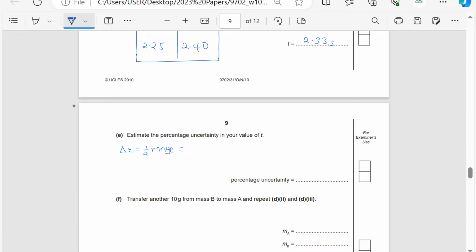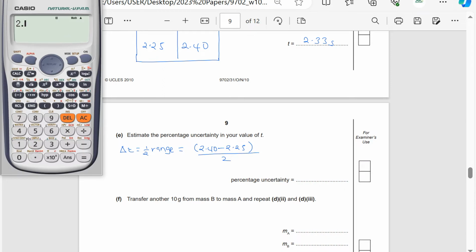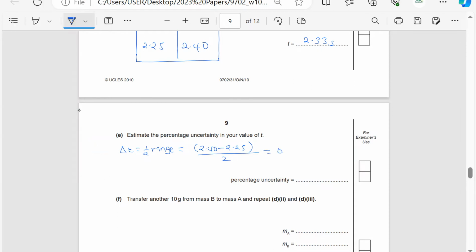So she got 2.40 minus 2.25, divided by 2. So this is the absolute uncertainty. She got 0.075. That is the absolute uncertainty in seconds.